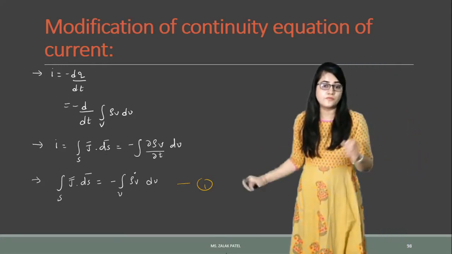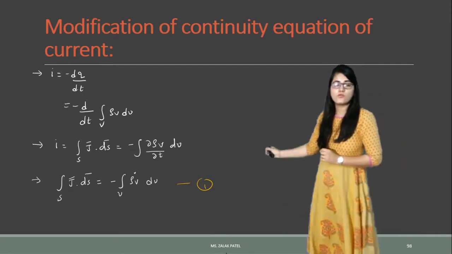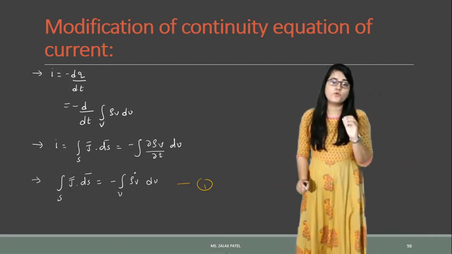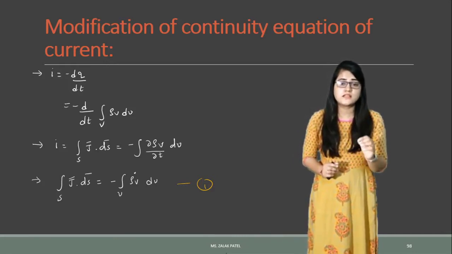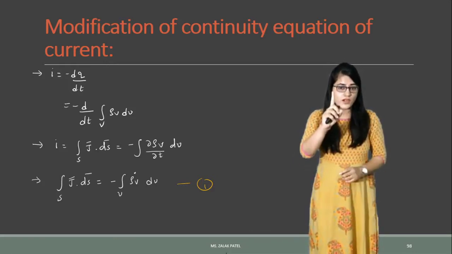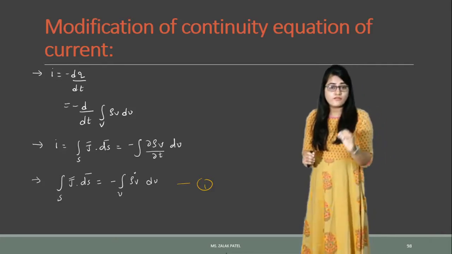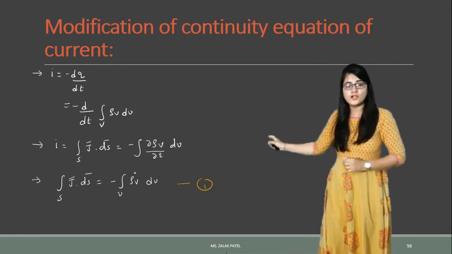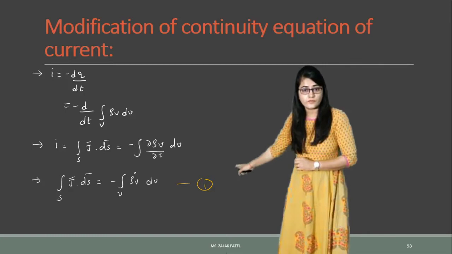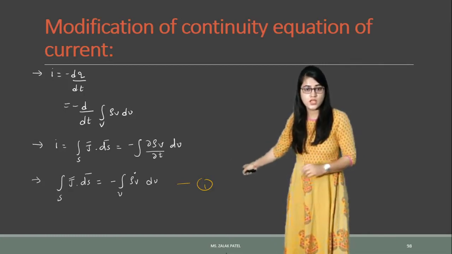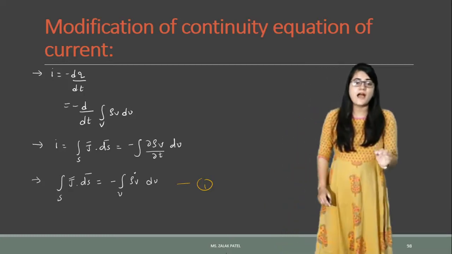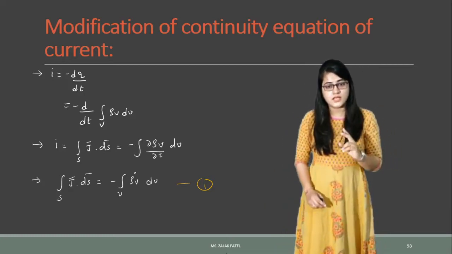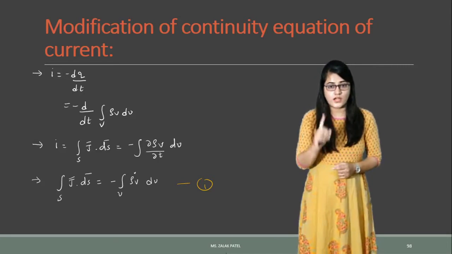is equal to minus volume integration of rho v dot dv. Now if you see this term rho v dot, whenever you put a dot on a vector, it denotes that it is changing with respect to time one time. In this equation rho v dot is written, so this means del rho v by del t, changing with respect to time one time.